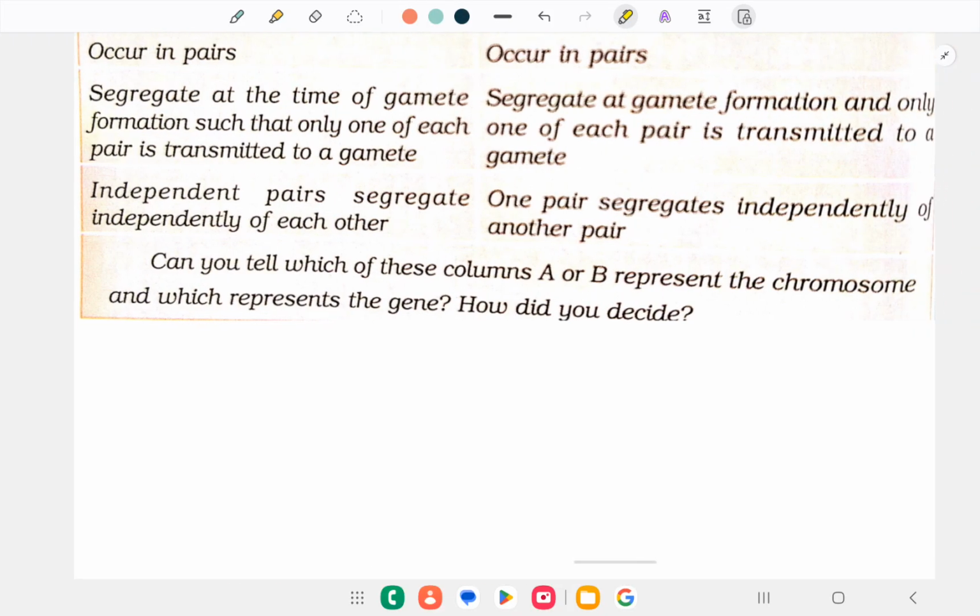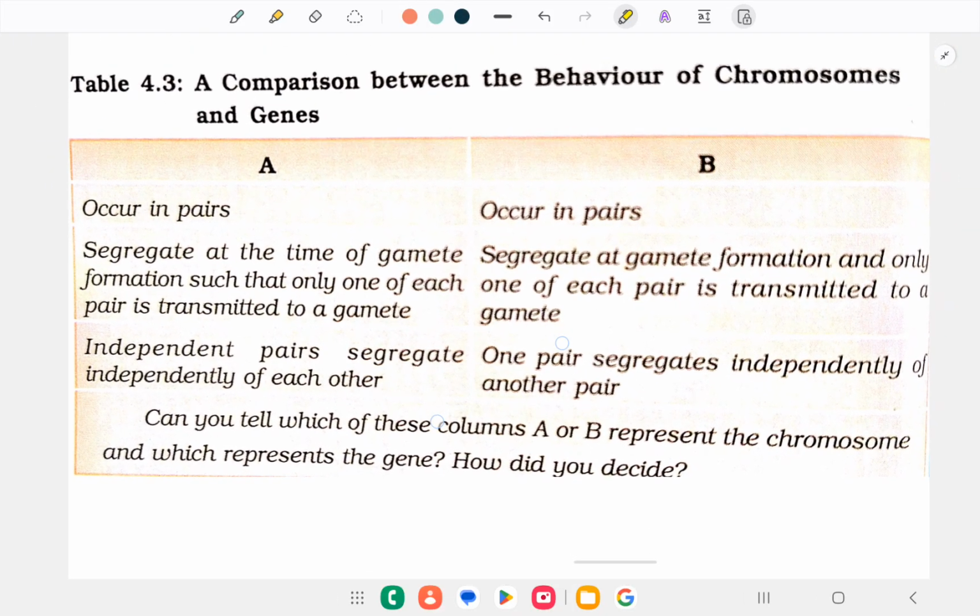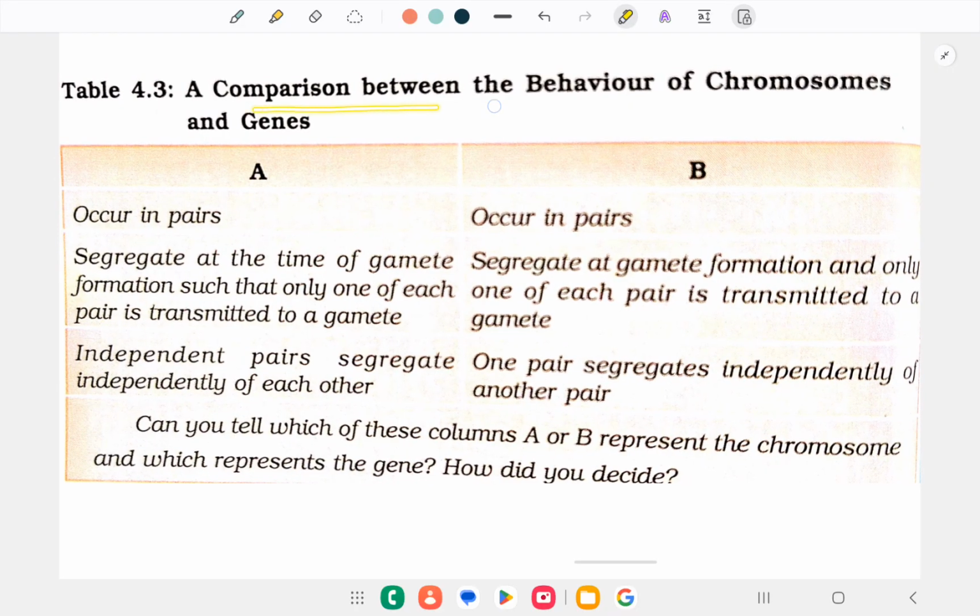Moving to the next question on page number 66, a comparison between the behavior of chromosomes and genes is given. So A and B are given, and there are certain statements made for A and B separately, and we have to tell what A represents and what B represents between chromosomes and genes.